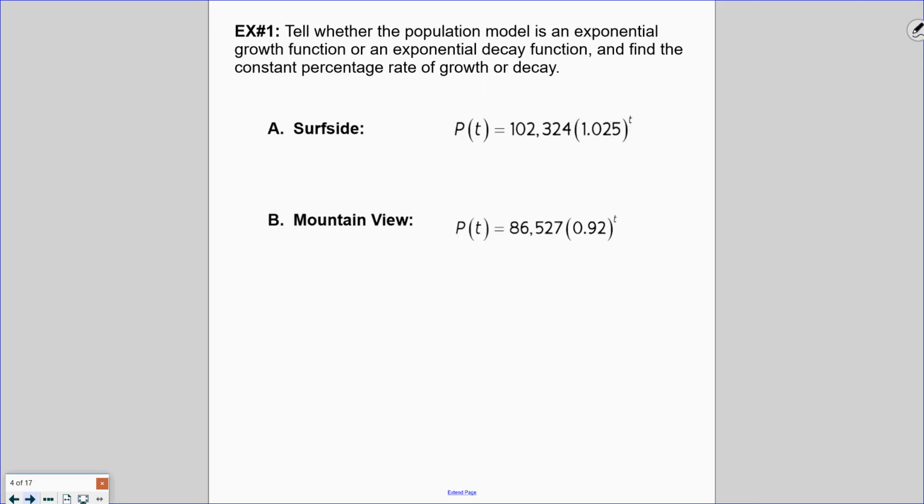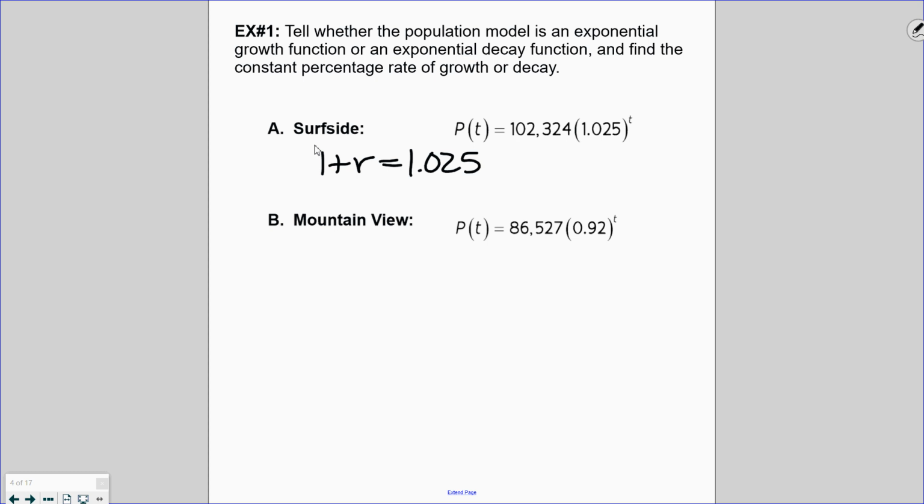All right, so here's the first example. We're going to say whether this population is exponential growth or exponential decay, and then find the percentage of growth or decay. On this first example, we can see it fits the format where inside the parentheses is 1 plus R, and that equals 1.025.